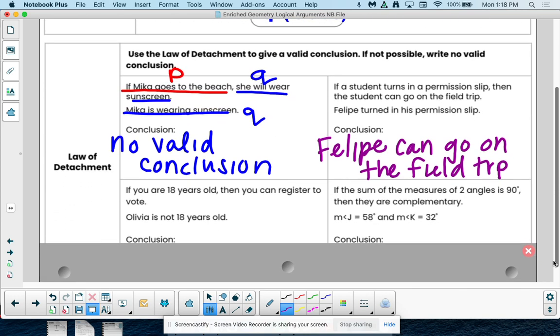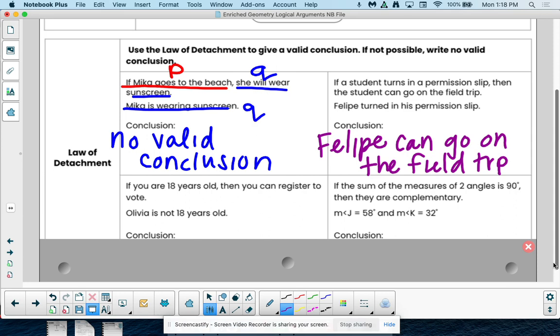Okay, you guys try those next two on your own. It's valid or invalid. If it helps you to think of a counterexample for why it's not valid, that's fine. And if you're a little confused, look at the symbolic form. Is it following P implies Q?